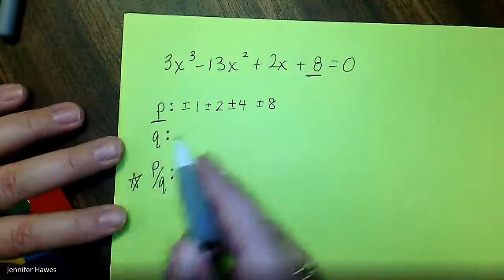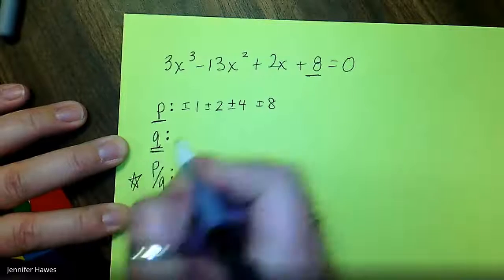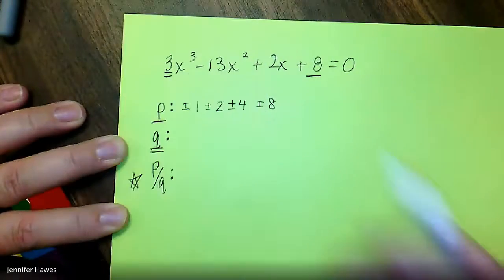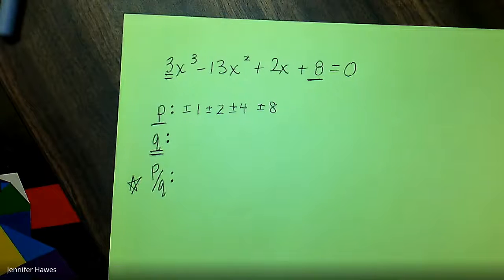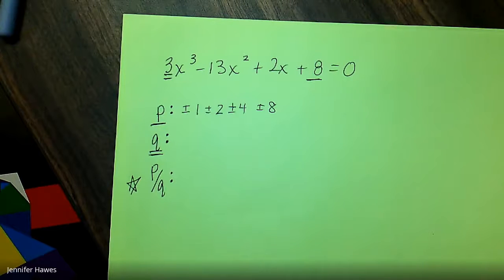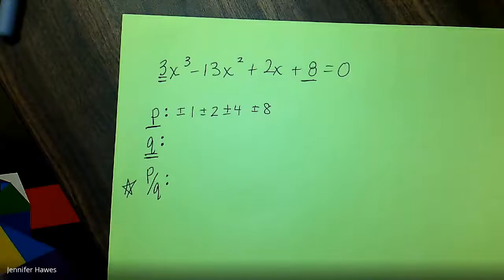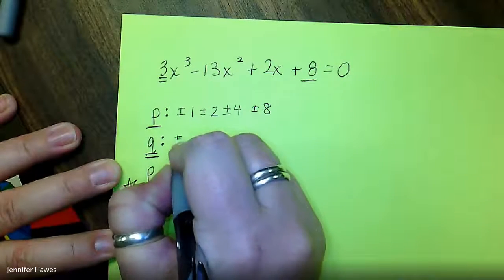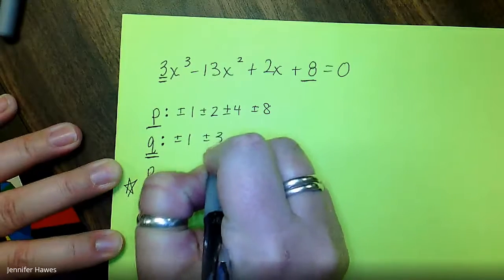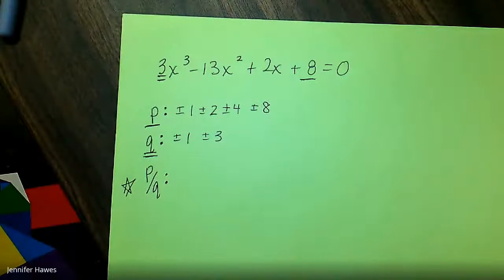Okay? Q. That's your leading coefficient. Remember, it's the number in front of your degree, your highest power. So all the things that multiply and give me 3 are 1 and 3.